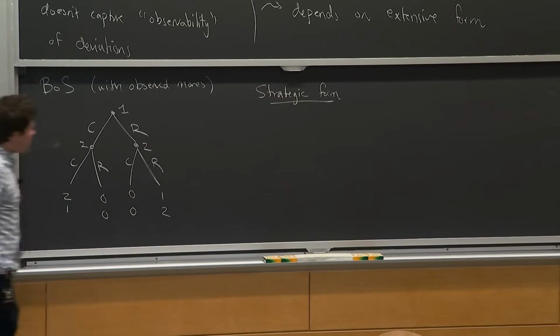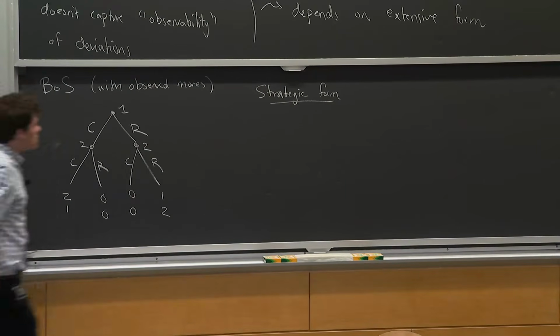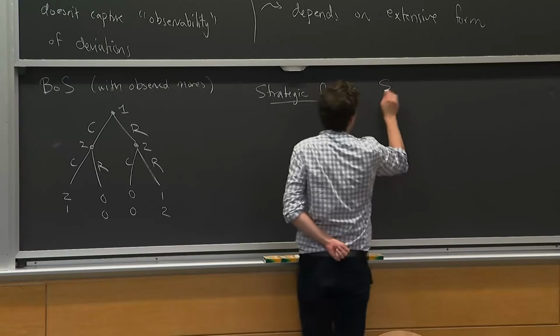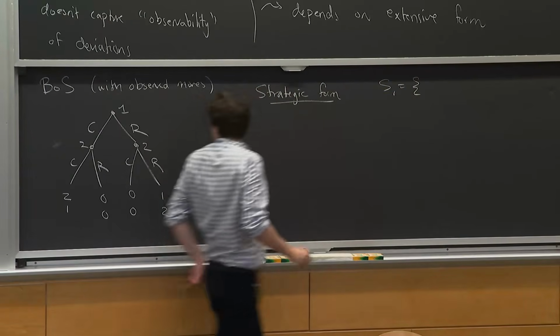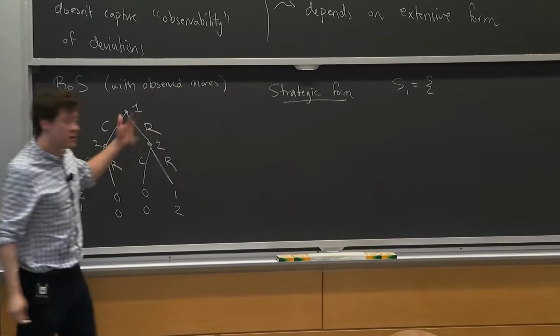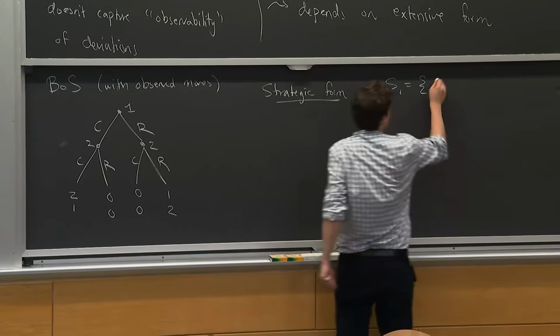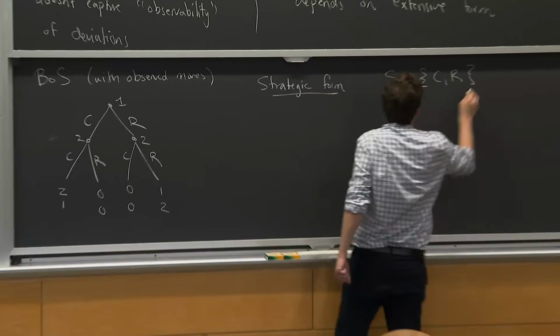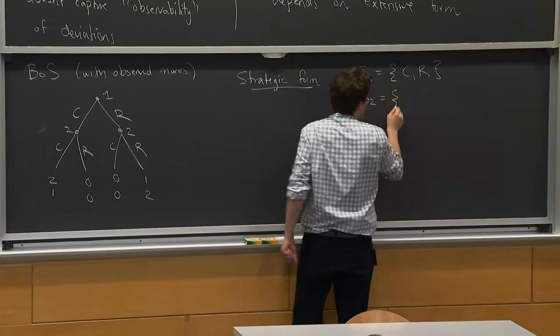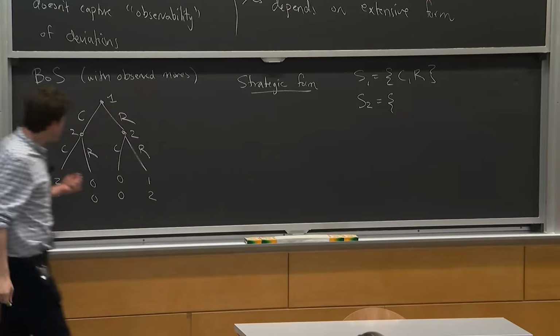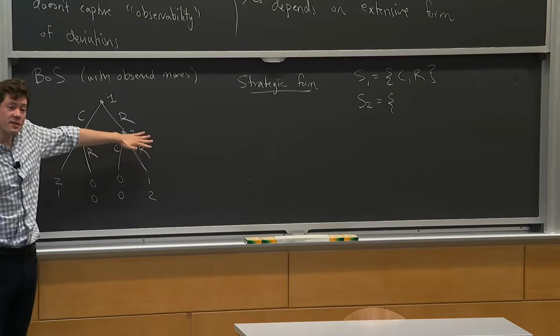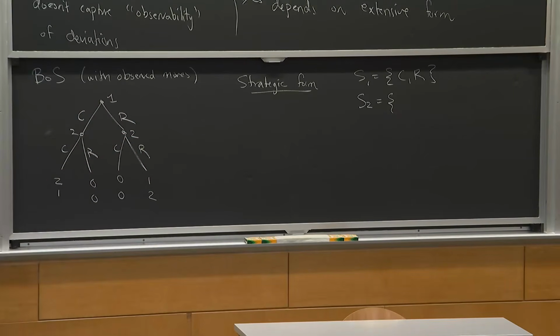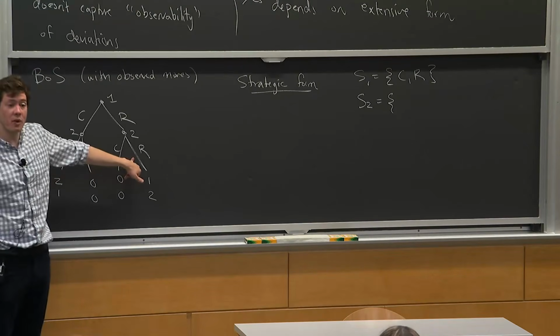So we first have to understand the strategies for the two players. Player 1's strategy set is pretty simple. They're just choosing Celtics or Red Sox, so we just have C and R. But player 2's strategy set is a bit more complicated. Player 2 has two information sets, so their strategy should be a vector with two components: one component saying what they do here, and one component saying what they do here.